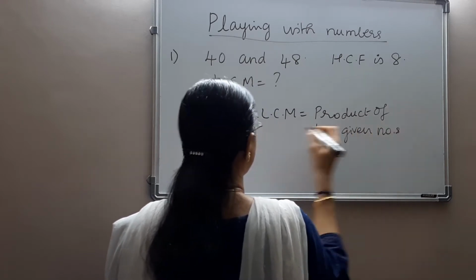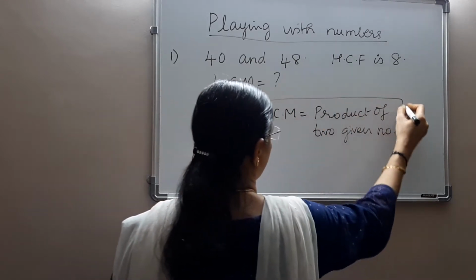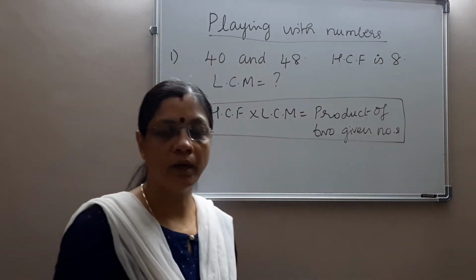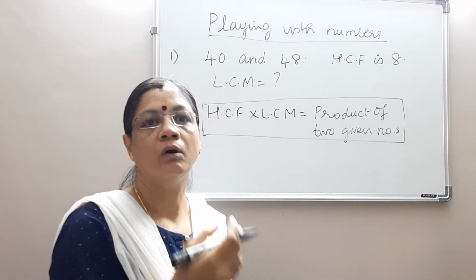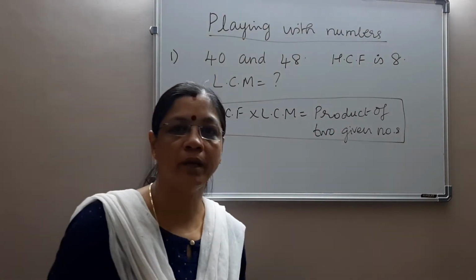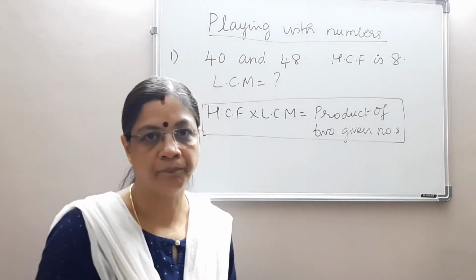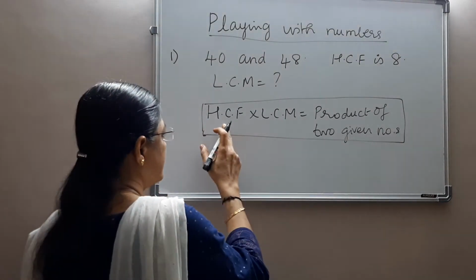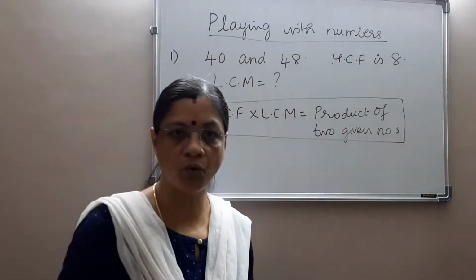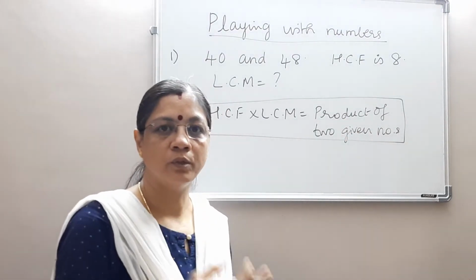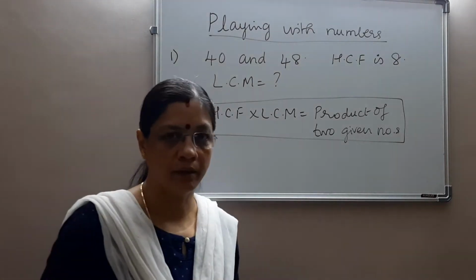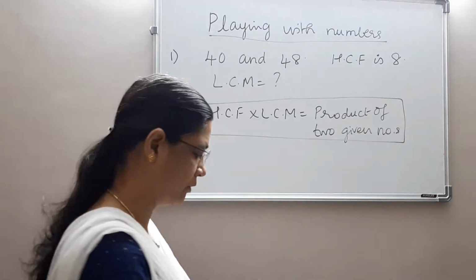So this you need to keep in mind. This is like a formula, and whenever either HCF or LCM is given, or if HCF and LCM are given and one of the numbers is given, you will be able to find out the other number. So there are four numbers in this: HCF, LCM, and the two numbers in the product. Out of these four, whichever is asked, you will be able to find out using this relationship. The others are given for you.